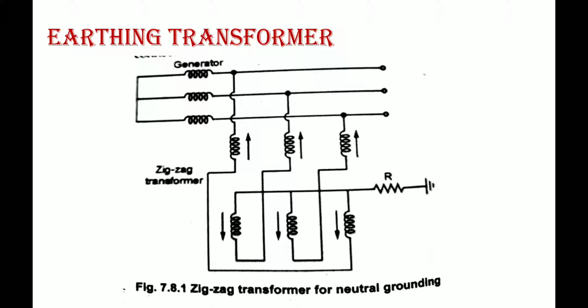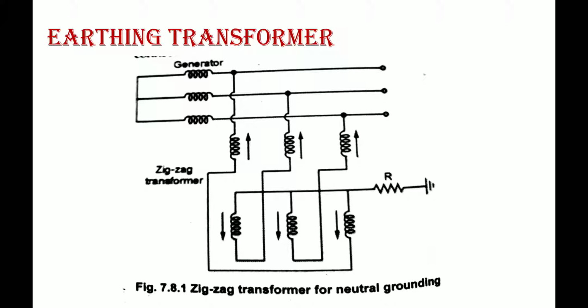In case of a missing neutral connection, this zigzag transformer acts like a grounding itself. It also protects the power system by reducing the stress of the voltage under the fault conditions itself.